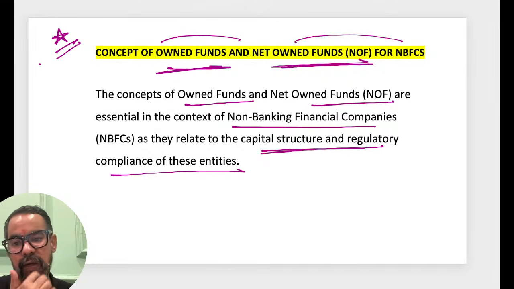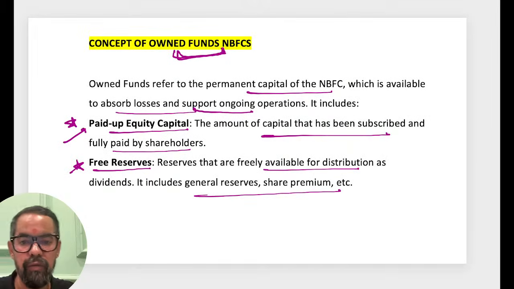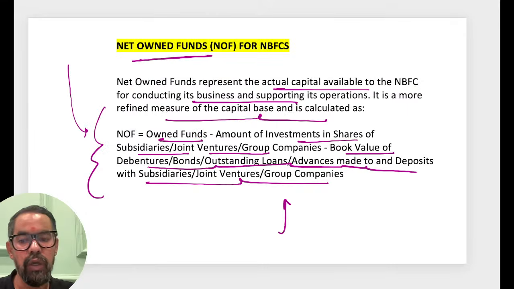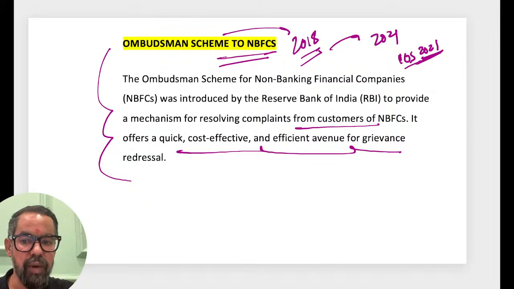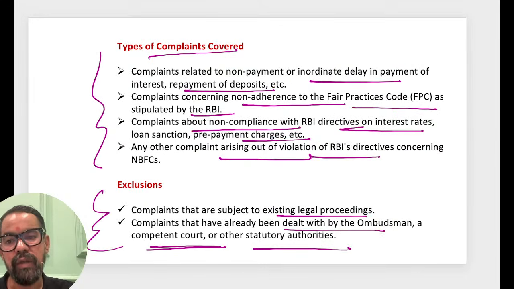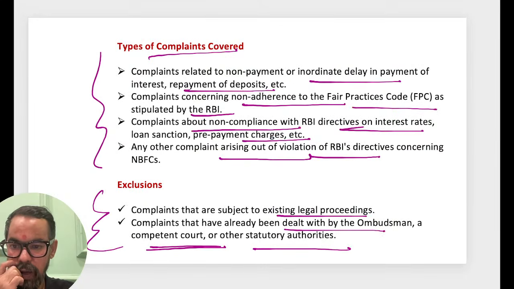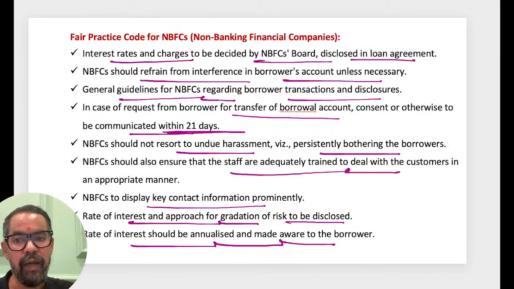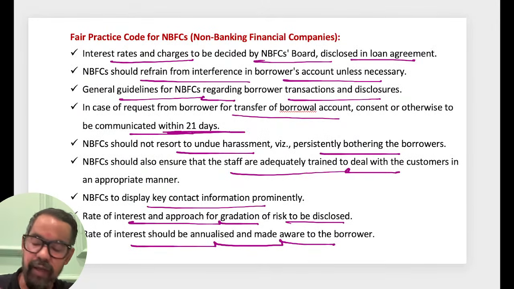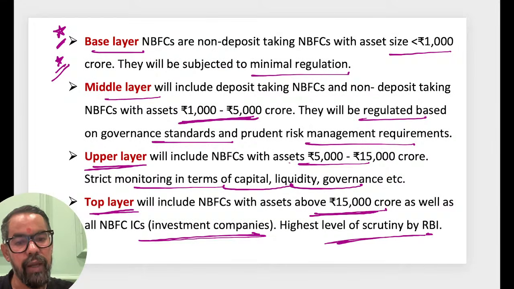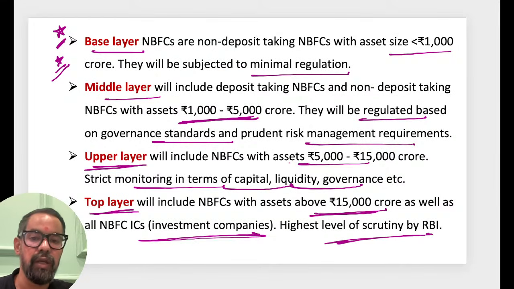This also get tested every time, so you have to be very comfortable with this particular one also. तो वो आपको हेल्प करेगा आने वाले एग्जामिनेशन में, ठीक है. ऑम्बसमैन स्कीम आपका नाउ इट इज़ पार्ट ऑफ द इंटीग्रेटेड ऑम्बसमैन, तो ज़्यादा टेंशन नहीं आएगा. कंप्लेन, टाइप ऑफ कंप्लेन एंड अदर्स विच जनरली कम्स अंडर दिस पर्टिकुलर वन, राइट. एंड फेयर प्रैक्टिस गाइडलाइंस आपका, दैट इज़ RBI फेयर प्रैक्टिस गाइडलाइंस, और the areas which are very simple, but you will be requiring to revise these particular one at least once, ठीक है.